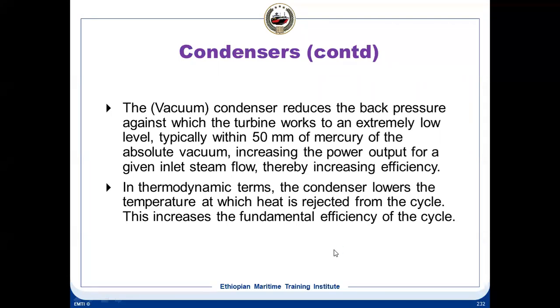If the turbine is working against a back pressure at its outlet, obviously the difference between the pressure at the inlet and the outlet should be as much as possible. But if we start having a back pressure at the outlet of the turbine, then the turbine will not function so efficiently. So to create as little back pressure as possible at the outlet of the turbine, we have a vacuum.